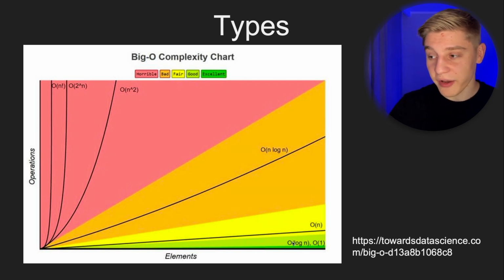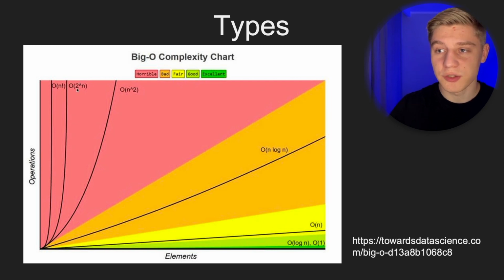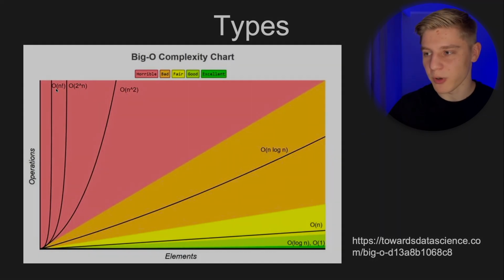Then goes logarithmic, after that linear, after that linearithmic, n log n, then n squared, which is quadratic, then 2 power n, which is exponential, and the last one is factorial. And we'll go through all of them one by one.